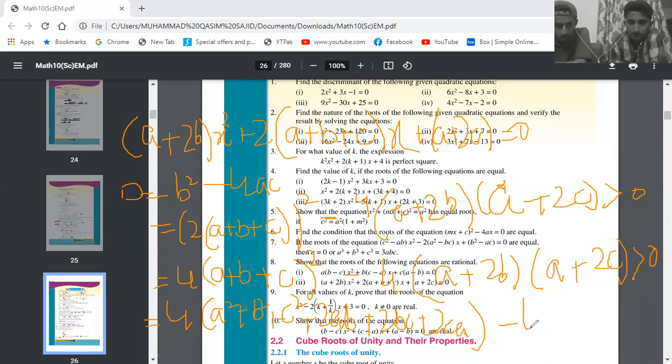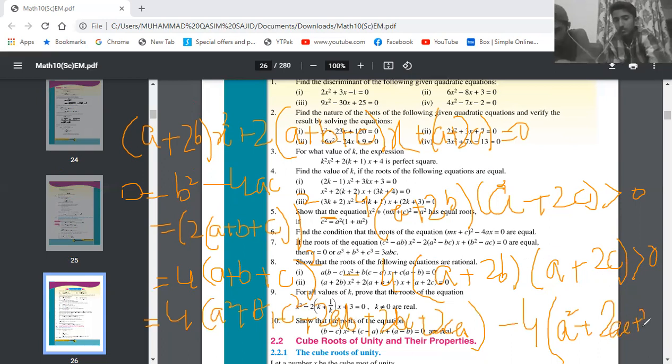Then minus 4 into the product: a square, 2ac, 2ab, and 4bc.